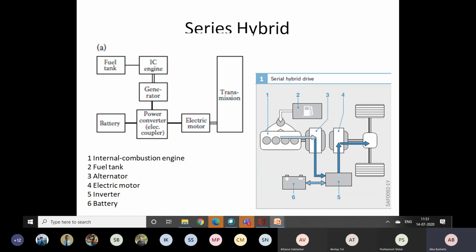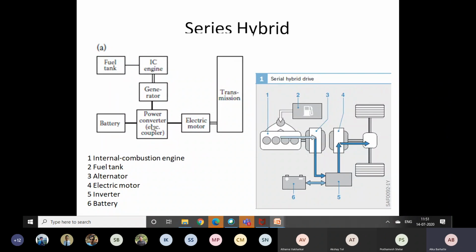architecture. I have taken this from two different books, and it is simply represented. You can observe both are the same. Here it represents your IC engine assembly, which is connected to the motor acting as a generator, and that generator is coupled to the electric motor through power converter circuits, known as an electronic coupler.